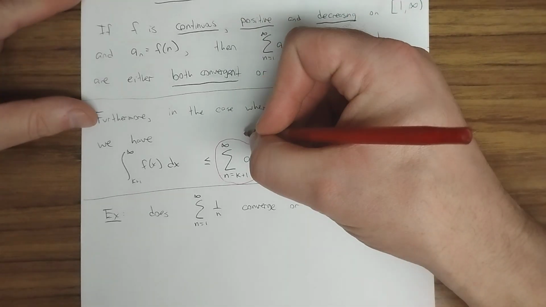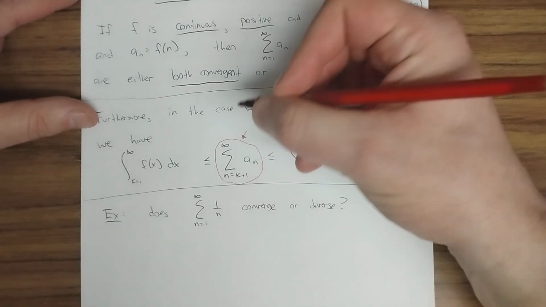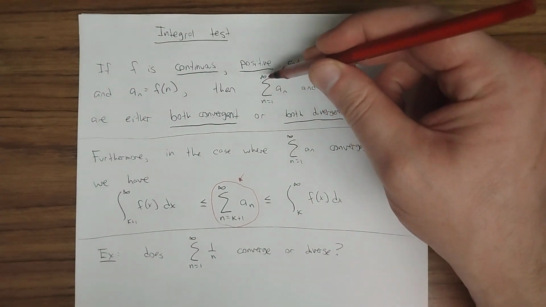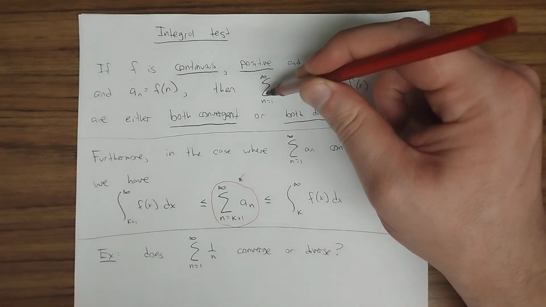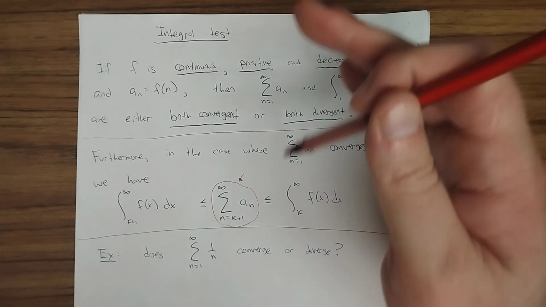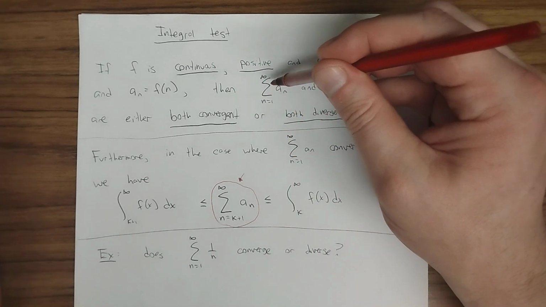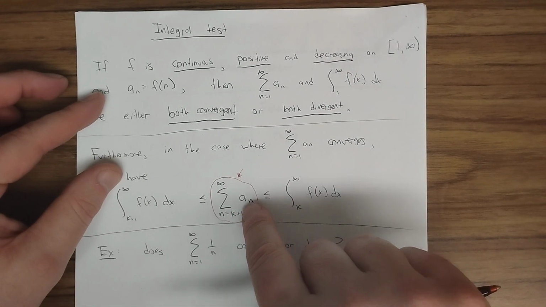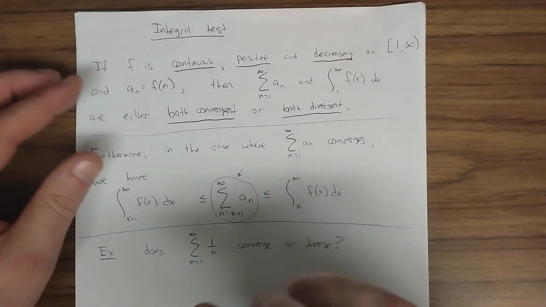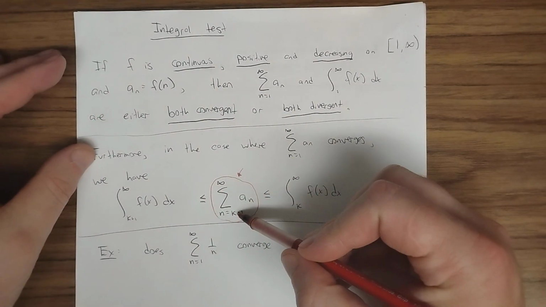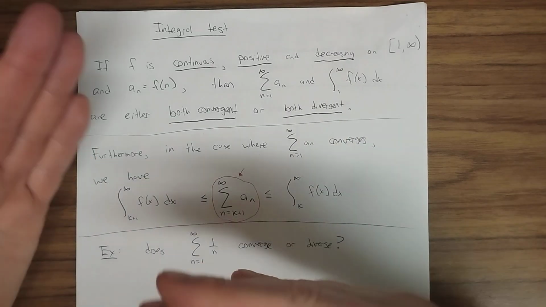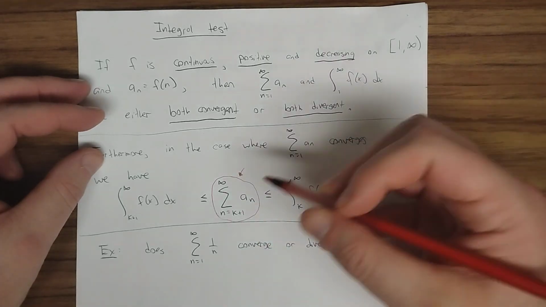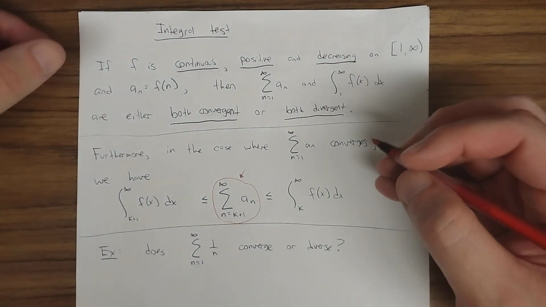So in other words, this is like the leftovers. If I did this series and I added up a sub 1 plus a sub 2 all the way up to a sub k and I just stopped, this would be the leftovers. This sum would be the things that I left out, because this starts where I left off, because I'm saying that I stopped at a sub k. This starts at the very next one and goes to infinity.